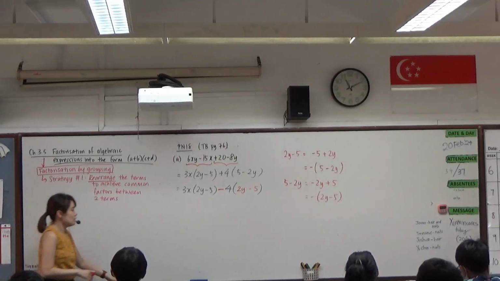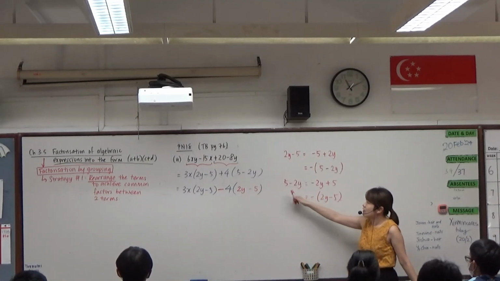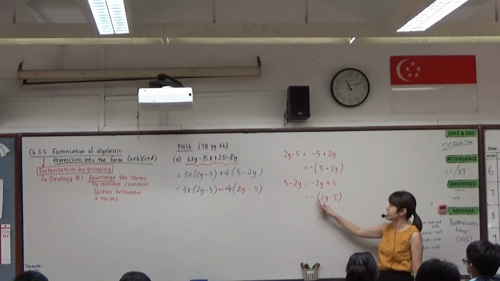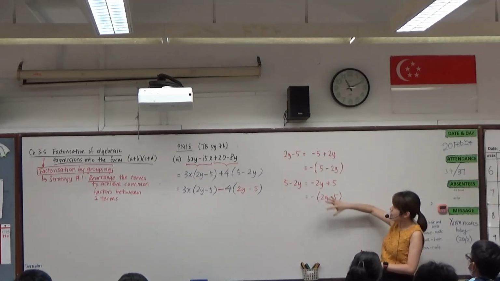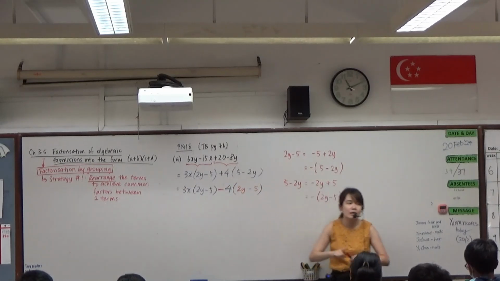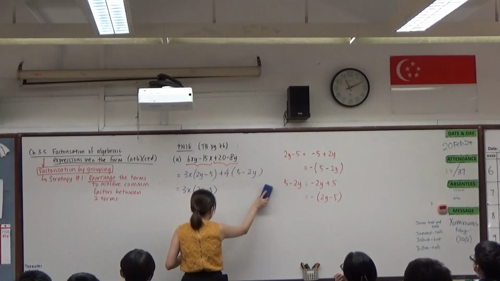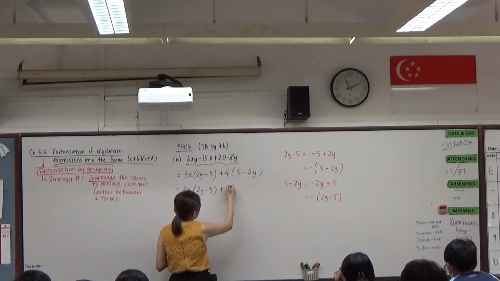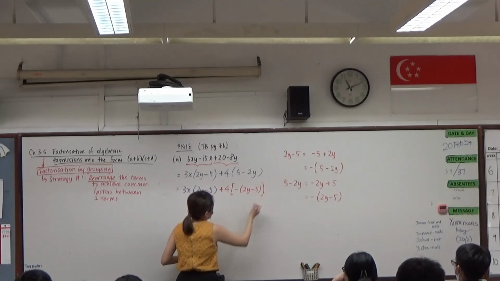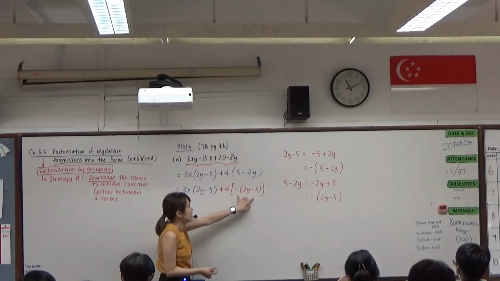Understand? Why is it that down here is a negative sign? It is because our 5 minus 2y over here is equal to negative bracket 2y minus 5. So I take this and put it in here. My negative sign is effectively multiplying with the positive 4. If you want longer steps to show you, I'll write everything in red. I replace the 5 minus 2y with its equivalent, negative bracket 2y minus 5.